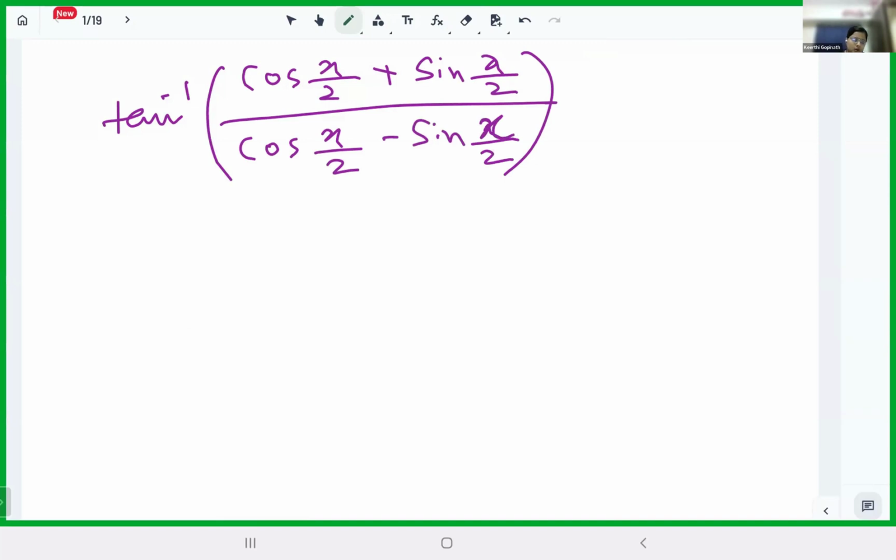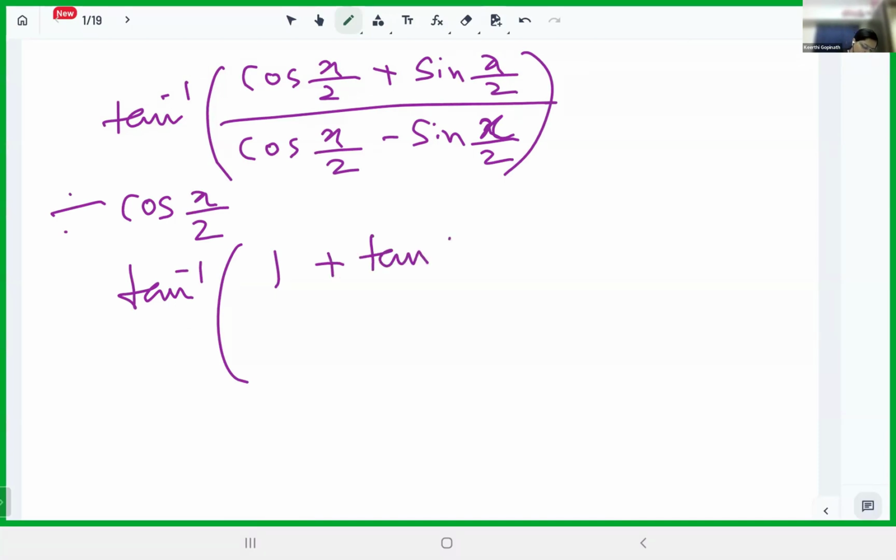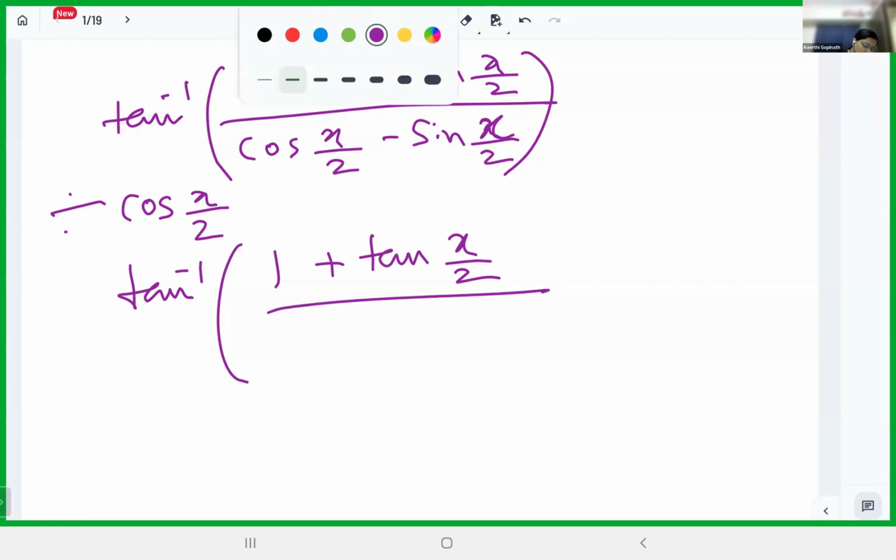Okay, so now I'm going to divide both the numerator as well as the denominator by cos x by 2. So it will become tan inverse of cos x by 2 by cos x by 2 will become 1, right? 1 plus then sin x by 2 by cos x by 2 will become tan x by 2, divided by, again in the new denominator also we are dividing with cos x by 2, right?